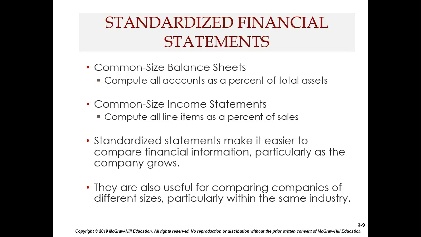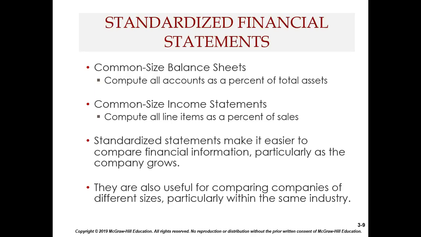Now we do the same thing with liabilities and owner's equity. We use the total asset amount, but that's the same as total liabilities and equity. So you can look at this from one of two ways. In our example, and this is for Prufrock Corporation, so you can go back to their balance sheet, which is on page 51, in the accounts payable, they take the 312 for 2017 and divide it by total assets, or also total liabilities and equity, which is the same number, and they get 9.2%.